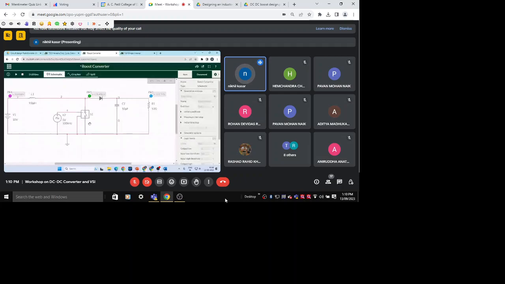So these are signals which cannot drive it directly, so you need a driver. We have to connect a driver design. We will see providing these pulses.